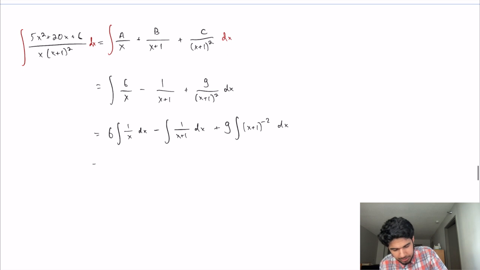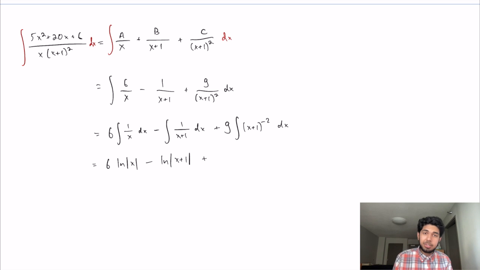So this first integral is simply 6 times ln absolute value of x. The second one is pretty similar as well. That'll just be ln of x plus 1. This last one will require a little bit more effort, but it's honestly not too bad. We can do a little bit of u substitution with u equal x plus 1 and du equal dx.